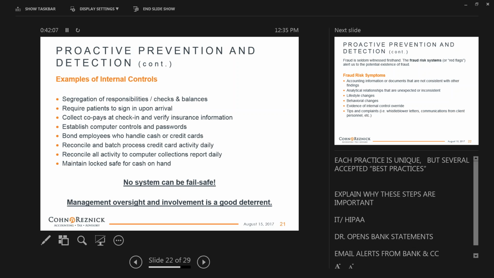Oftentimes, many practices don't even pay attention to this. But for not a lot of cost, you can insure the practice and bond your key employees on an employee dishonesty policy. Oftentimes, it's an add-on to the existing business policy that the practice has. For not a lot of money, you buy a layer of protection in case there is a theft or a defalcation.